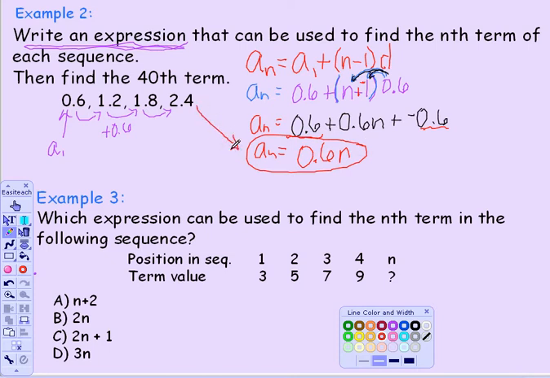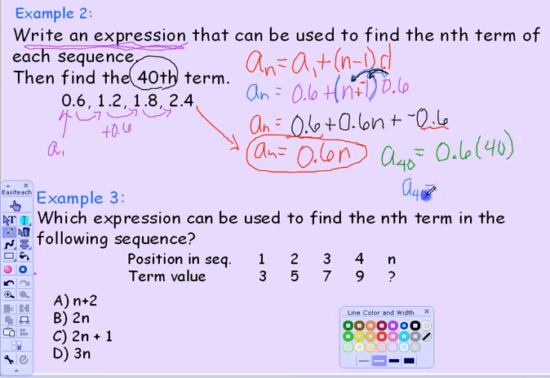Now we can use that general equation to find any number in the sequence. So it's kind of like a shortcut method. Now we're going to look for what is the 40th term. So we're going to take this equation, a sub 40. We're looking for the 40th number in the sequence. Do 0.6 times 40.